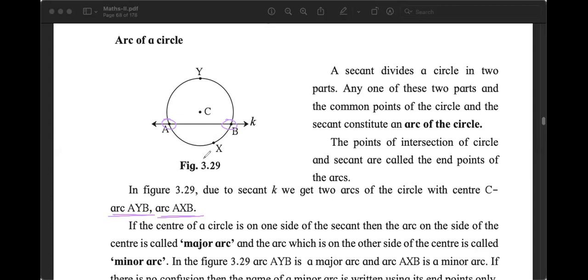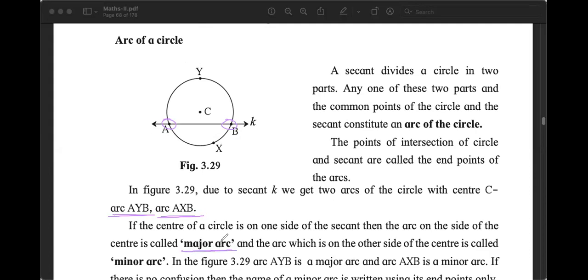Now clearly we see one part is bigger than the other part. You tell me which arc is bigger in this diagram. All of you have your textbooks. Which arc is bigger? Is it AYB or is it AXB? AYB is bigger, and because of that, AYB is called the major arc. Thank you, Shubham, for answering.